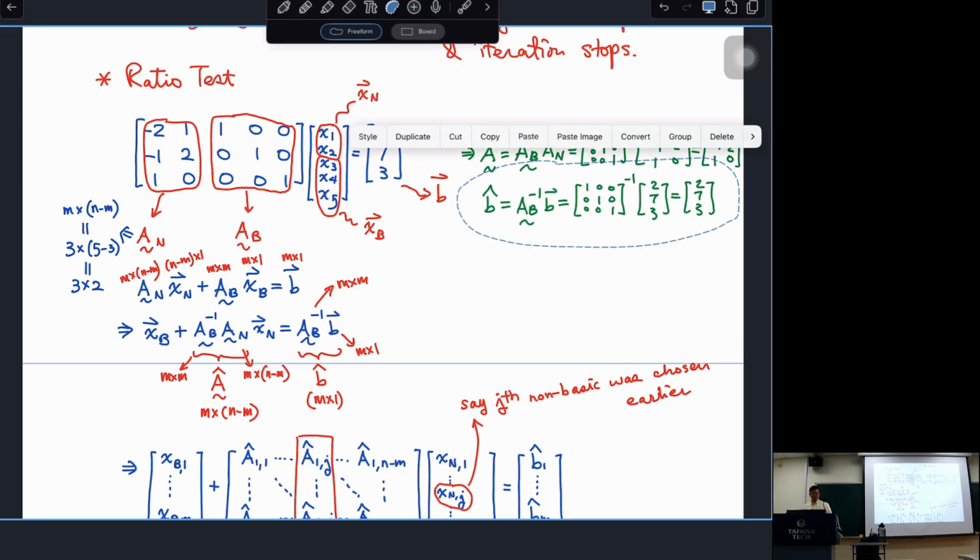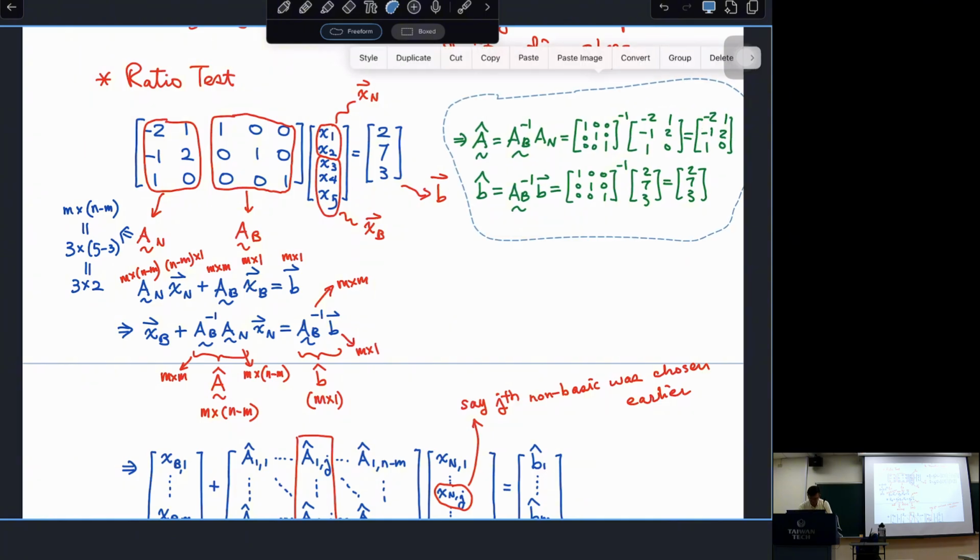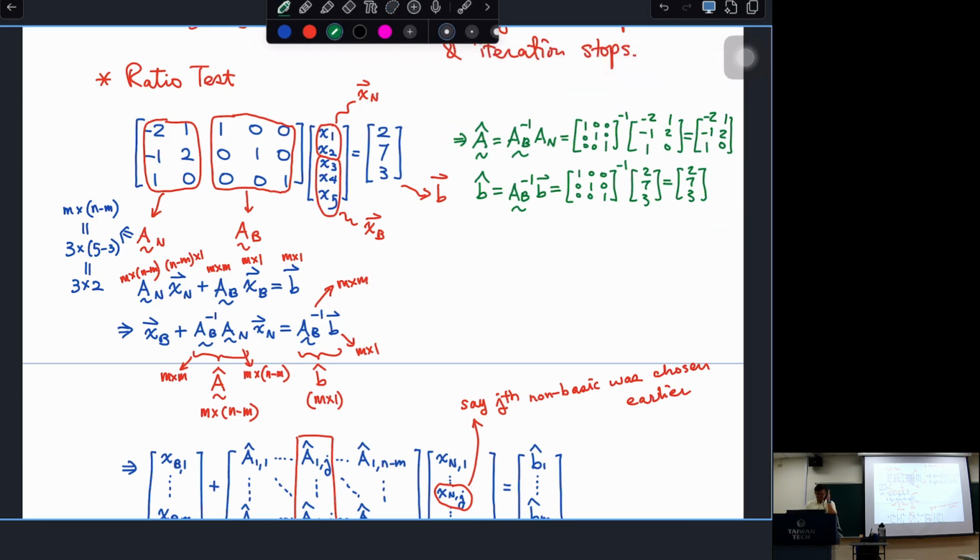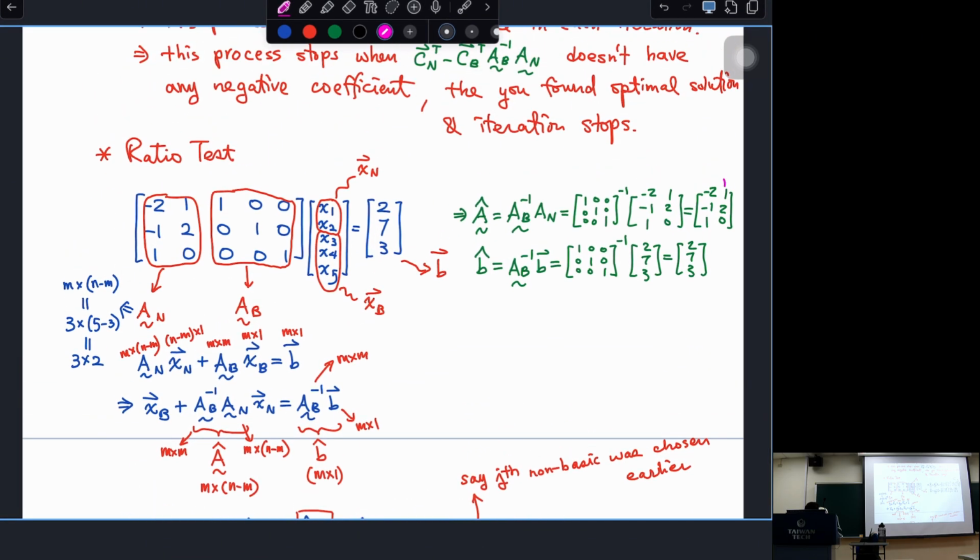If you try to perform the ratio test, this is what's happening. Because earlier we said the second non-basic is chosen, we only care about the second column of A hat.